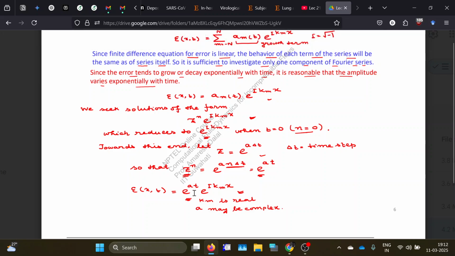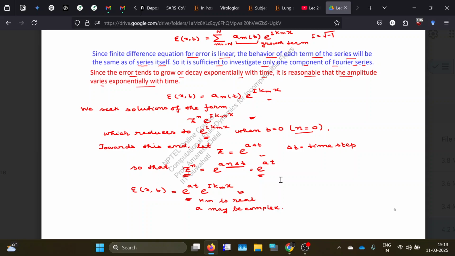But why don't we put this condition on the sinusoidal, spatially varying term? Because that's not exponential. I have an error and I'm splitting it as a Fourier series. But at a particular node, it is not necessary that at the end point it is zero.